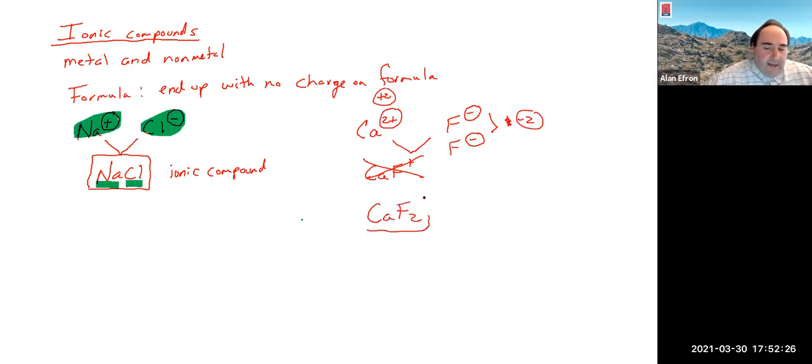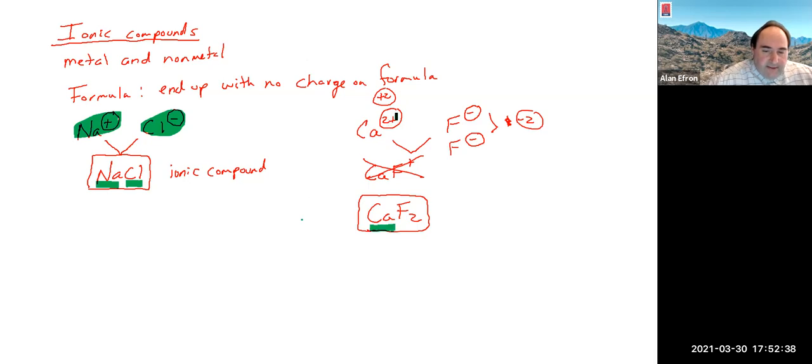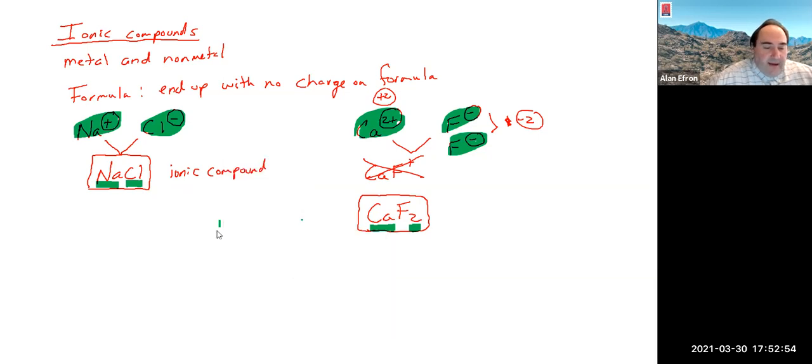Again, the formula when it comes together in our ionic compound has no charge associated with it, but it does represent, just like in the first example, one calcium, and that calcium has a +2 charge. It has two of these fluorides, and each one has a -1 charge, for a grand total of -2 in this particular case. So whenever we put together ionic compounds, they're always put together in the simplest whole number ratios.